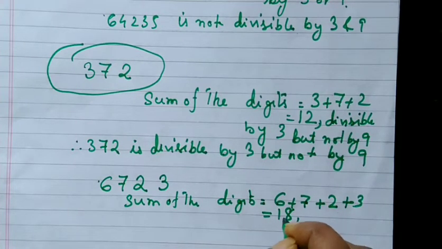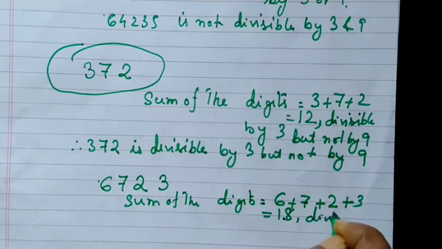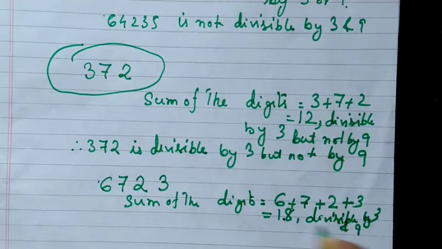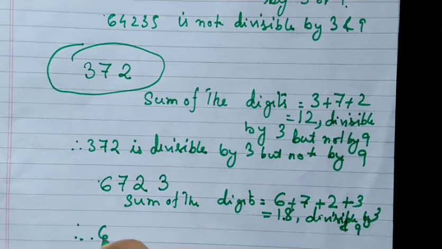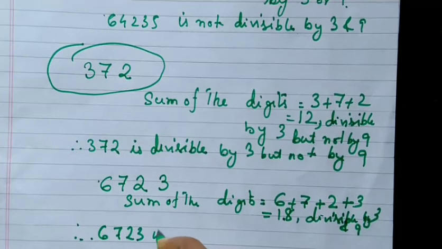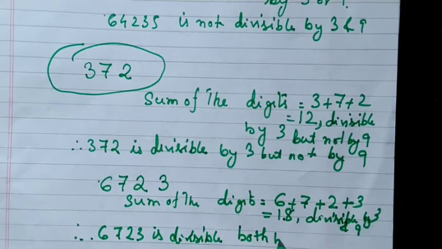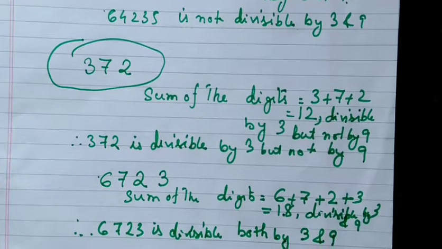Now this is divisible by 3 also, 9 also. By 3 and 9. So that means the number 6723 is divisible both by 3 and 9.